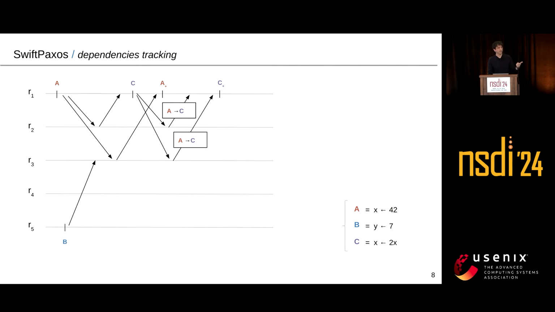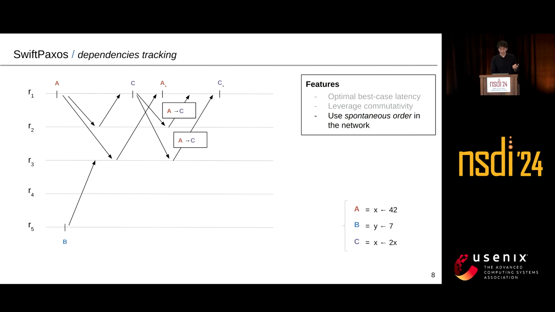That is, A was received first, then C. So they are spontaneously proposing that the system keep this order. And again, the command can execute through the fast path in a single round trip. So SwiftPaxos has this specific feature to use the spontaneous order of the network.